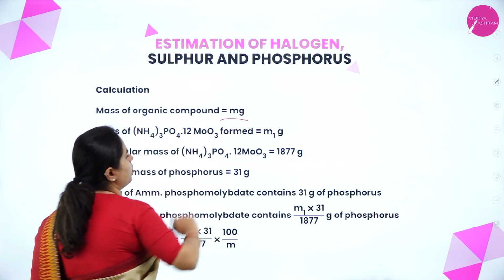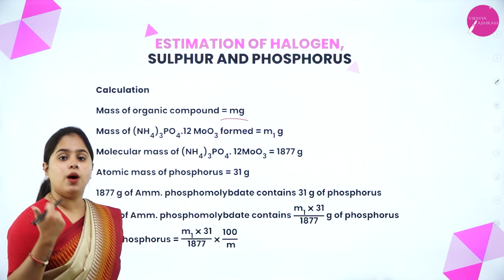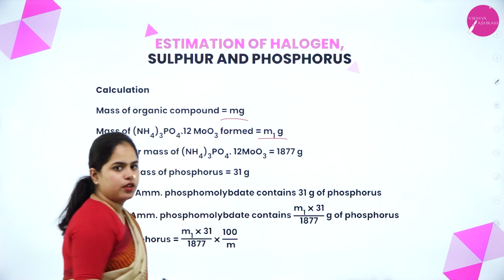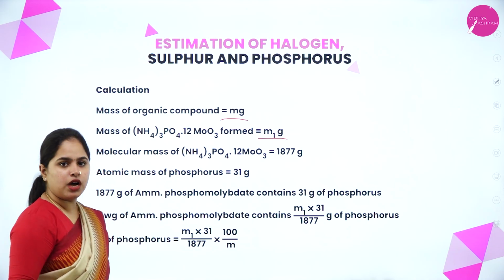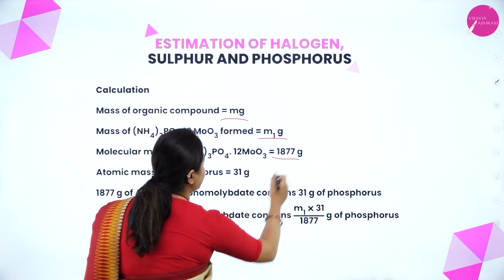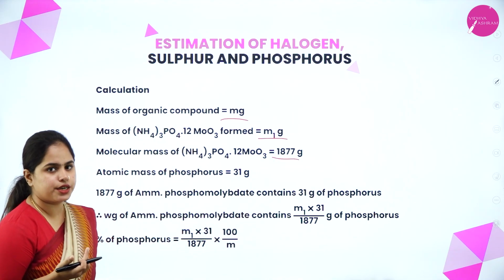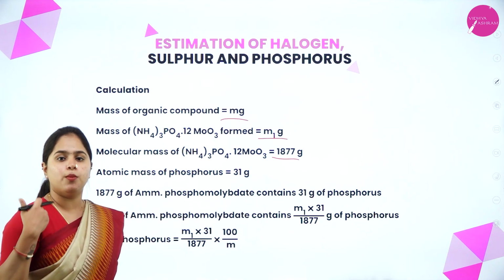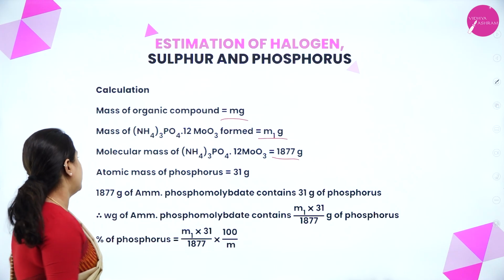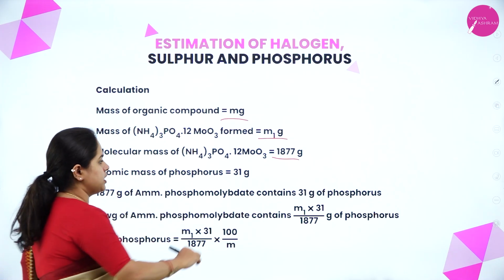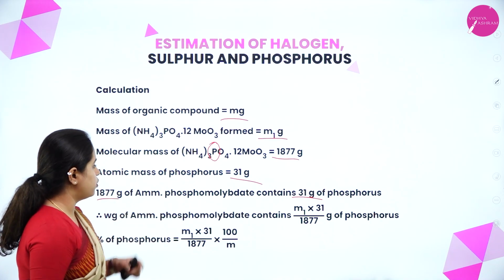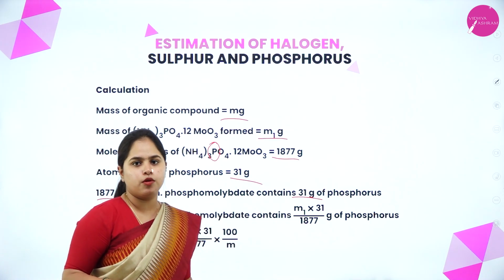The mass of the organic compound is M, and the mass of ammonium phosphomolybdate which is formed is taken as M1 gram. The molecular mass of ammonium phosphomolybdate is 1877 gram. The atomic mass of phosphorus is 31 gram. So 1877 gram of ammonium phosphomolybdate contains 31 gram of phosphorus.